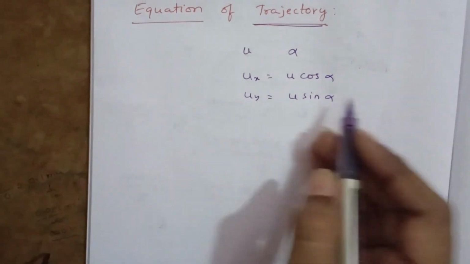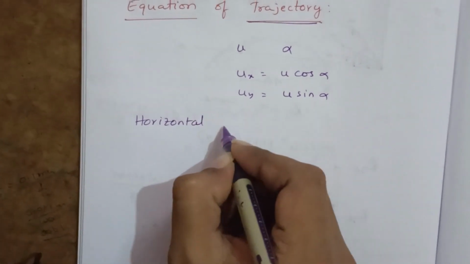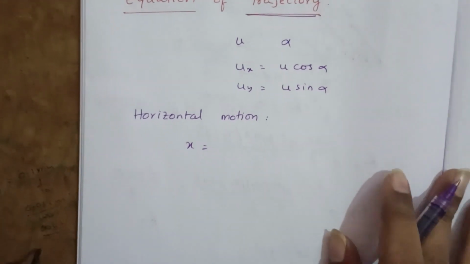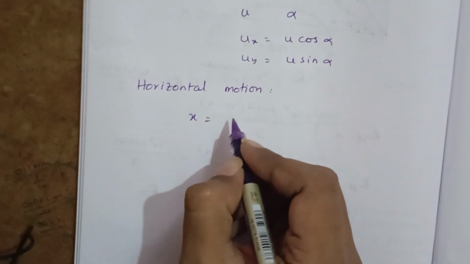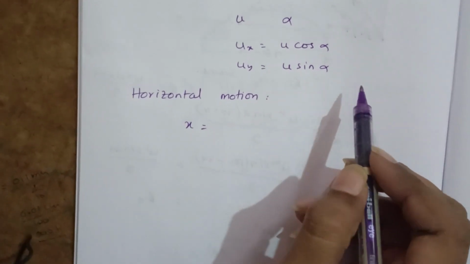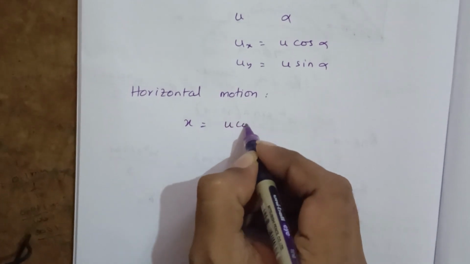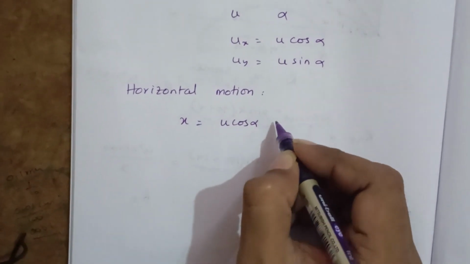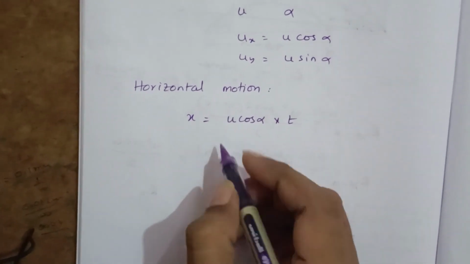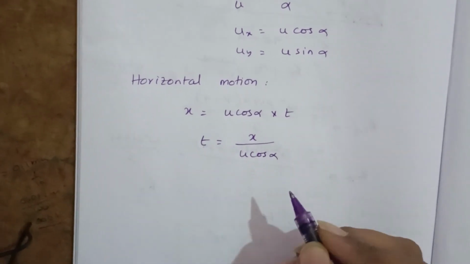For horizontal motion, x equals u t plus half a t square. For horizontal motion a becomes 0, so x equals u cos alpha into t. So we can write t equal to x by u cos alpha.